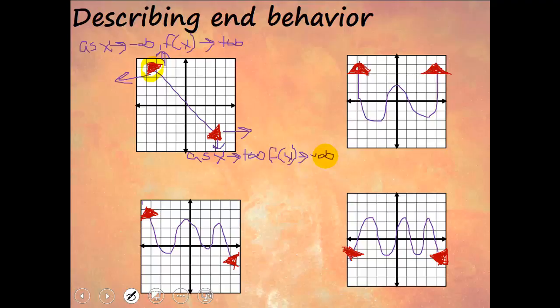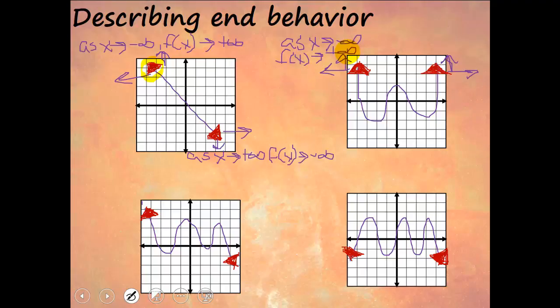Notice that these are pointing in the same direction, okay? So this one is going, I know it doesn't look like it, but this one is going left and up. This one is going right and up. So left says as x goes to negative infinity, f of x goes to positive infinity.